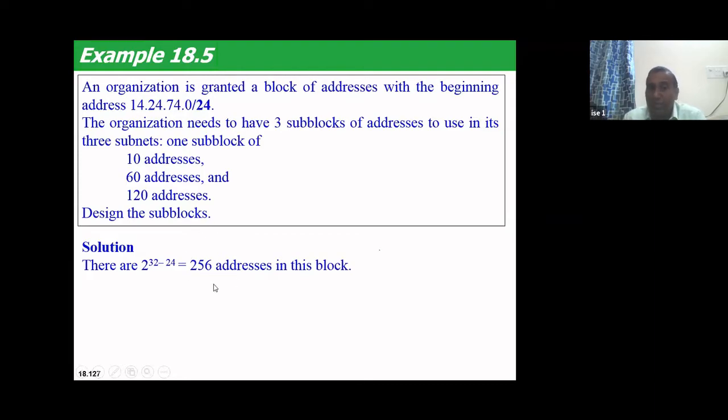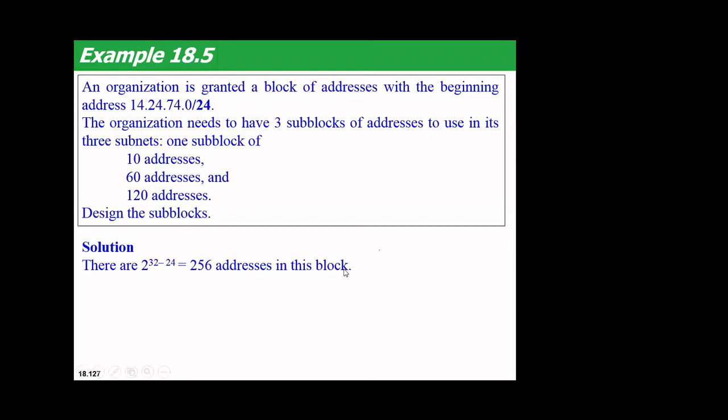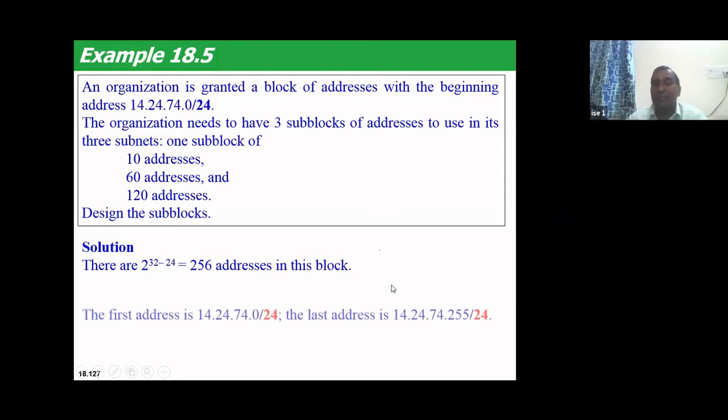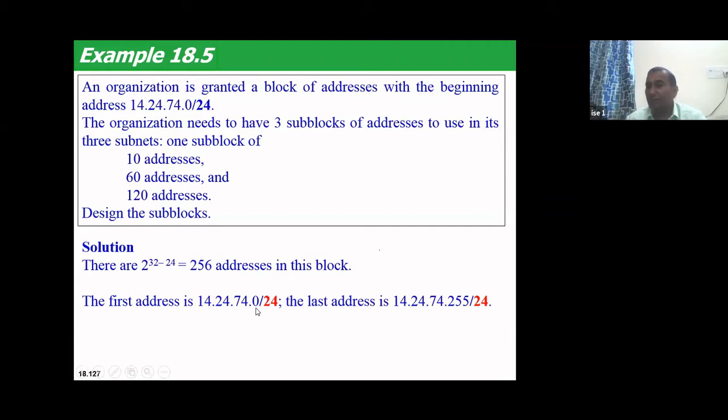Now, out of these 256 addresses, this organization has 3 offices, say Infosys having offices in Bangalore, Chennai, and Delhi. The Delhi office wants 120 addresses, the Chennai office wants 60 addresses, and the Bangalore office wants only 10 addresses. It can be any corporation. Now you have to design the subnetwork. Where will the address start? Obviously it will start from 0. You got the idea?